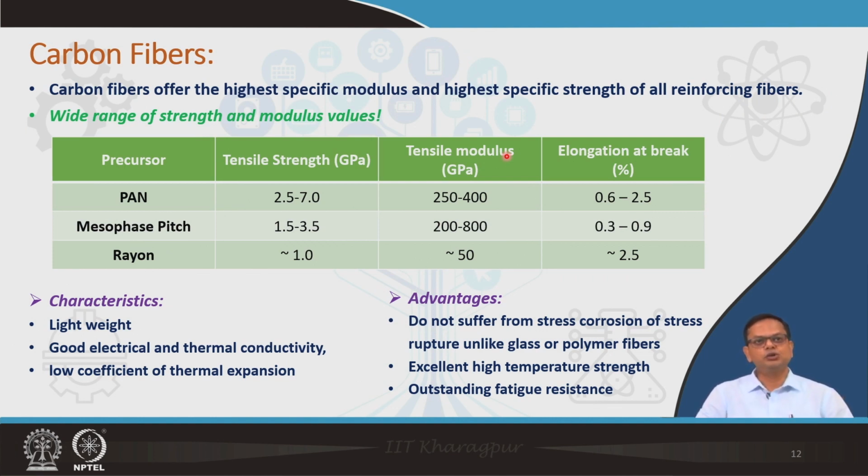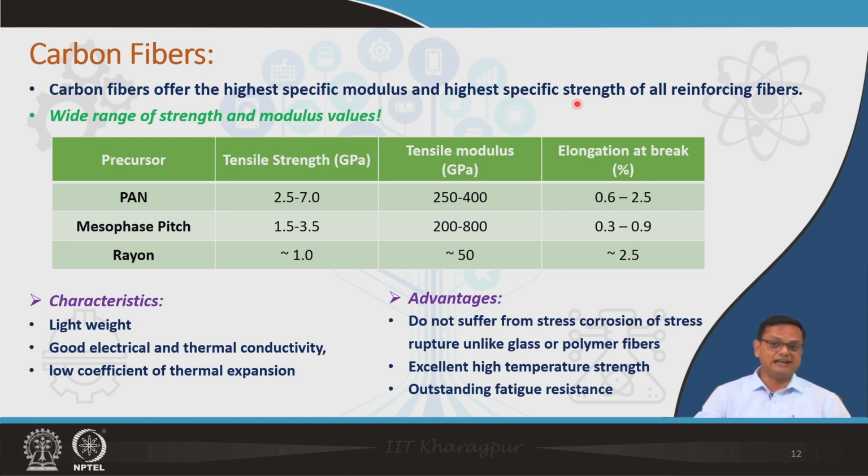Now let us discuss carbon fiber. The interesting part of carbon fiber is that they definitely show very good modulus and strength, and when it comes to specific values, if you compare with density, the density of carbon fiber is quite low, and because of that the specific modulus and specific strength of carbon fiber is very high.